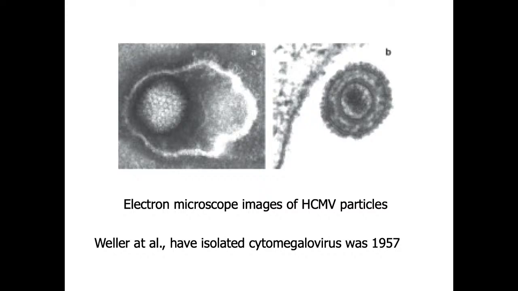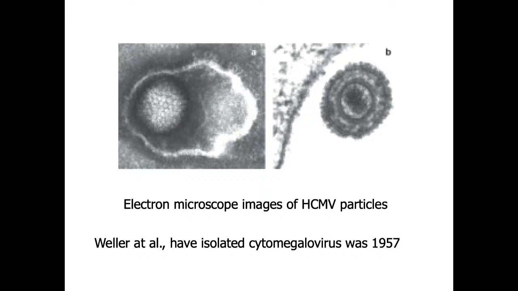They were looking for toxoplasma, which we will cover in our course. Toxoplasma can also be transmitted transplacentally. This is a protozoan and can lead to congenital abnormalities. And people looking for toxoplasma discovered a virus in the tissues of the fetus. This is cytomegalovirus, showing the typical morphology of herpes viruses: nucleocapsid, tegument, and the envelope.